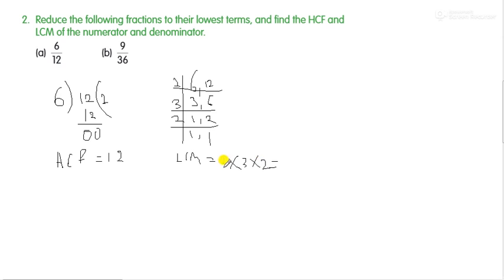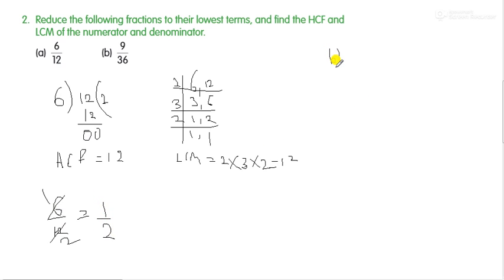So 2 2s are 4, 4 3s are 12. 2 3s are 6, 6 2s are 12. So the LCM is 12. Now the fraction in its lowest term: 6 1s are 6, 6 2s are 12. So 1 by 2 is the lowest term.